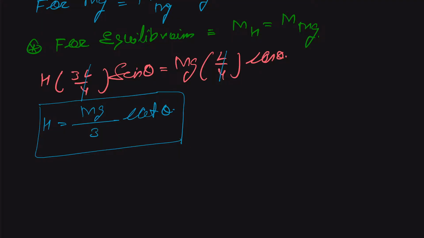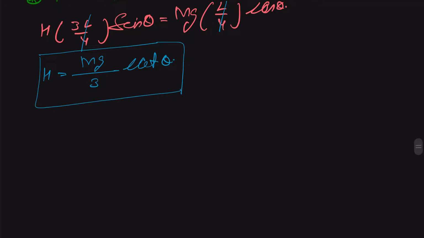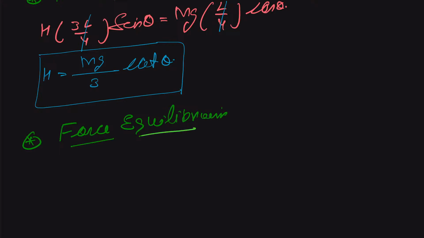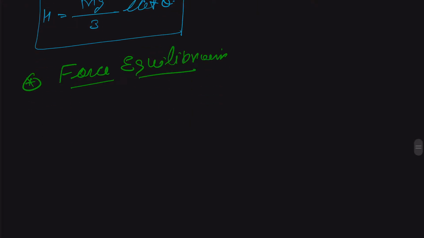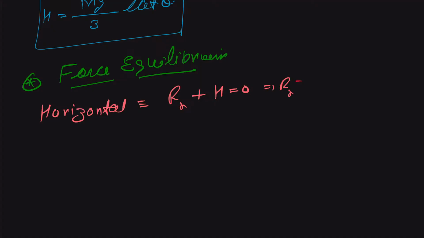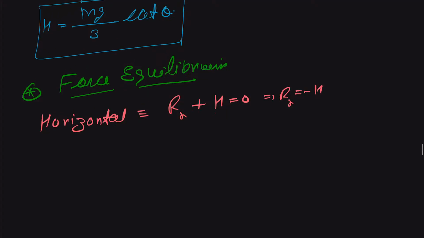Now we can write the force equilibrium equation as well. We just calculated the moment equations, and now we can write the force equilibrium. First is horizontal, which gives R of x plus H should be equal to 0, or we can say R of x is equal to minus H, which we just calculated.